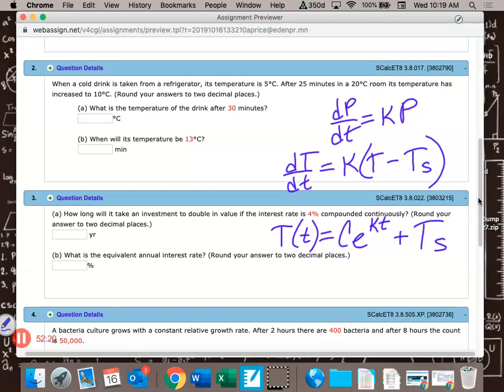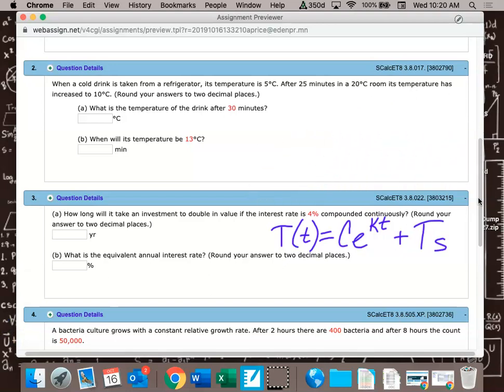At time 0, you don't just have C, you have C plus the temperature of the surrounding medium. So T(t) equals Ce^(kt) plus T sub S.